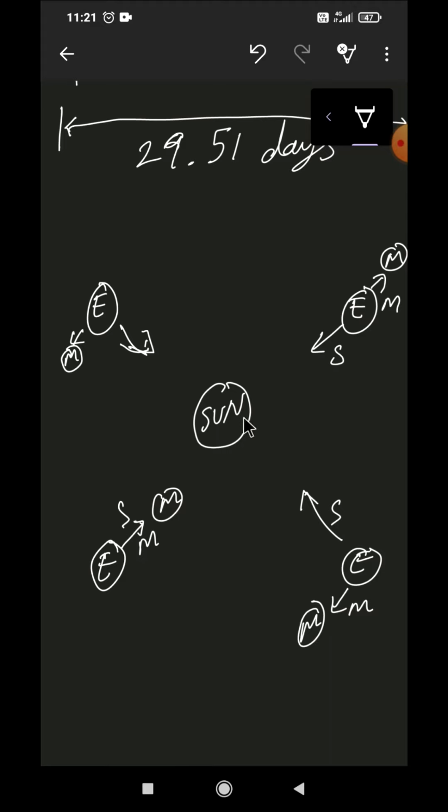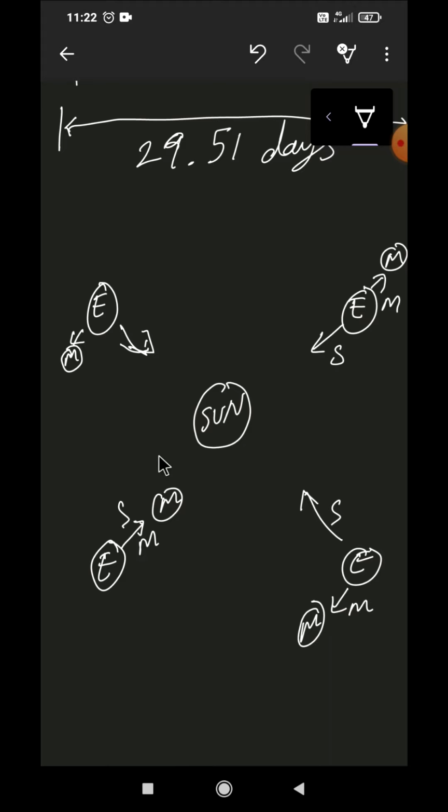So when the Sun, Moon, and Earth are all in the same direction, in one line, the Moon has a greater contribution in the formation of tides. The surface of the Earth facing the Moon experiences a greater force of attraction than the surface away from the Moon.